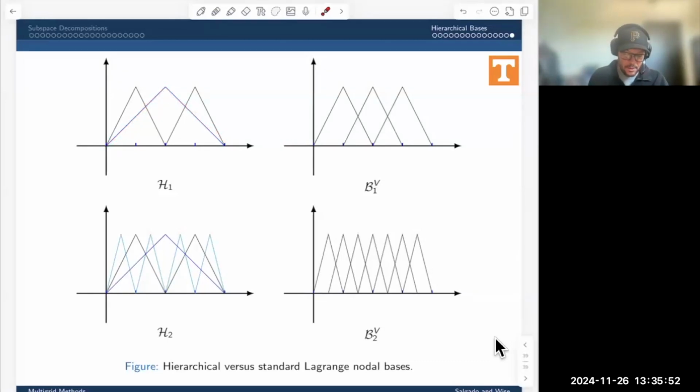So this involves three basis elements, as it has to, since it's a bona fide basis for V1, but it contains different types of functions. This wide base triangle is in there, as are these two narrow base ones, whereas the original Lagrange nodal basis has just these three narrow base triangles.